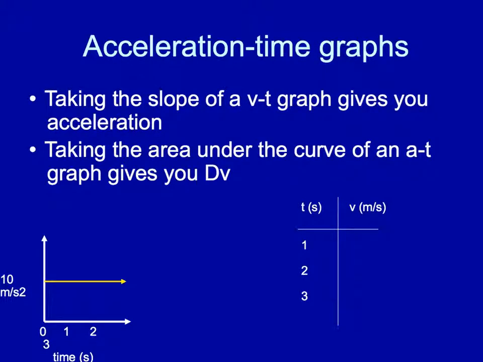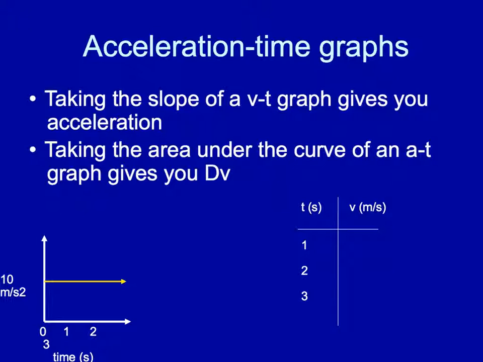Now the slope of a velocity time graph gives you acceleration. If I take the area under the curve of an acceleration time graph, I'm going to get the change in velocity, delta v.